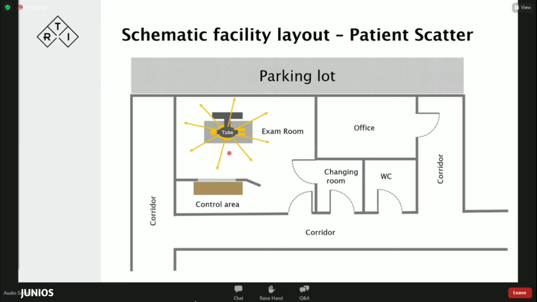You have the doctor, the nurses, the anesthesiologist, and the radiation technologist. So those kinds of environments are a heavy concern in measuring scatter radiation.